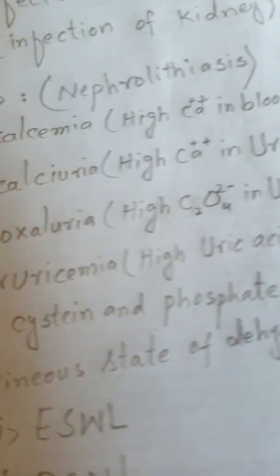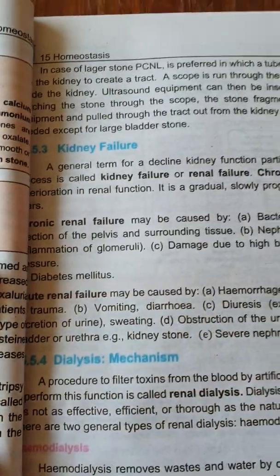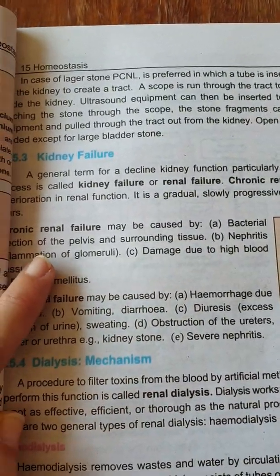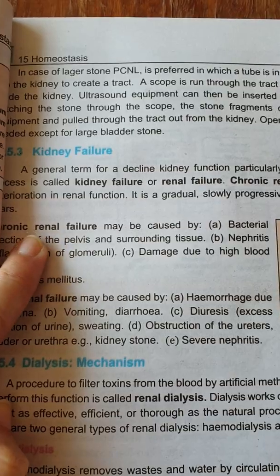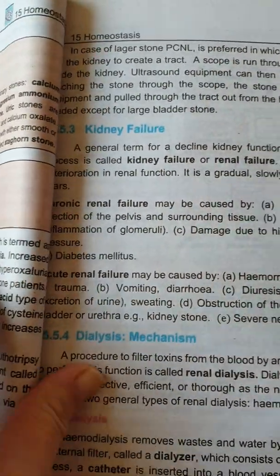The next disorder of the kidney is the kidney failure. Kidney failure, which is also known as the renal failure. The two main types are the chronic and the acute renal failure.